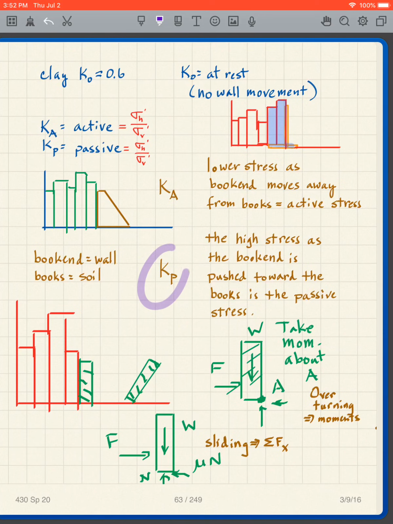So Kp is higher than Ka because the passive stresses are higher than the active stresses. And okay, that's the first thing I want you to note. And it's the same thing when we have a wall. If this represents a retaining wall that we've built, and this is our soil, when the wall moves toward the soil, we are getting the passive situation. When the wall is moving away from the soil, then we are getting the active situation.